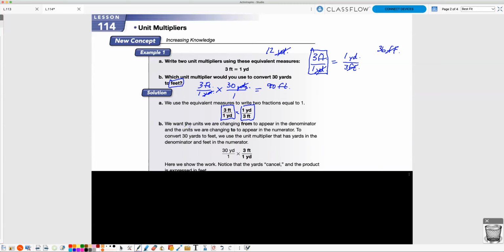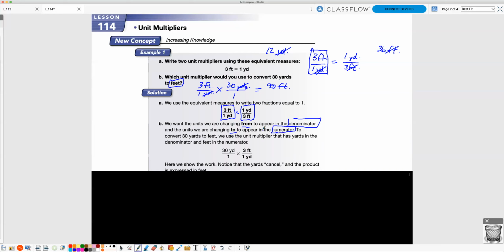We want the units we are changing from to appear in the denominator. So if I'm moving from, in this case, yards, I need to make sure that appears in the denominator when I'm choosing my unit multiplier. And the units we are changing to will appear in the numerator.